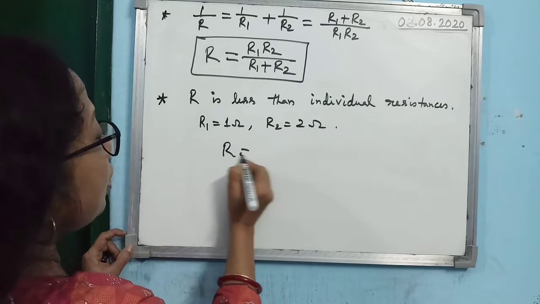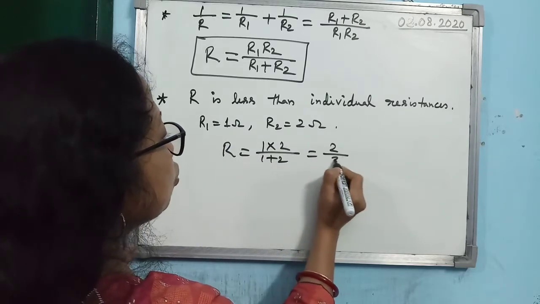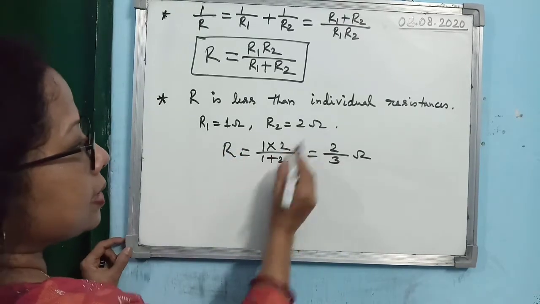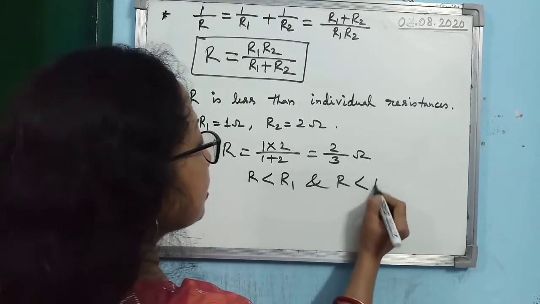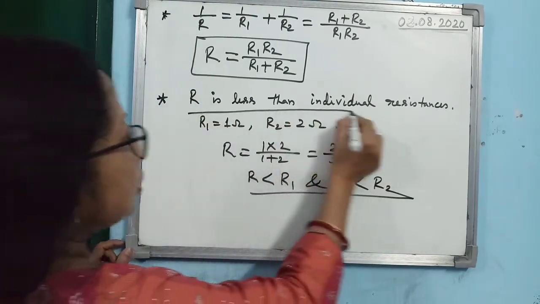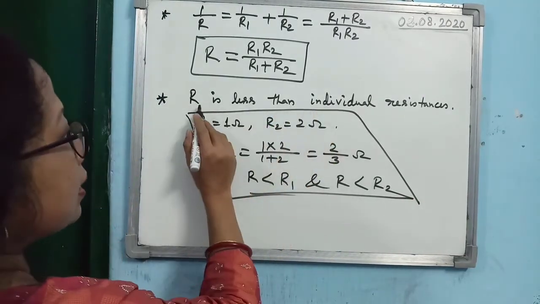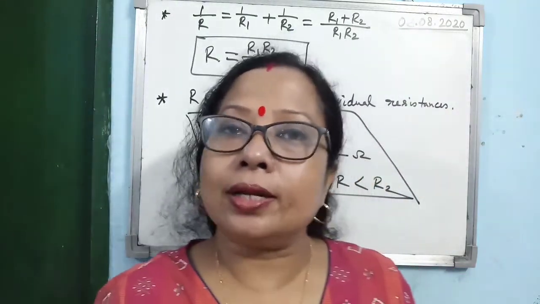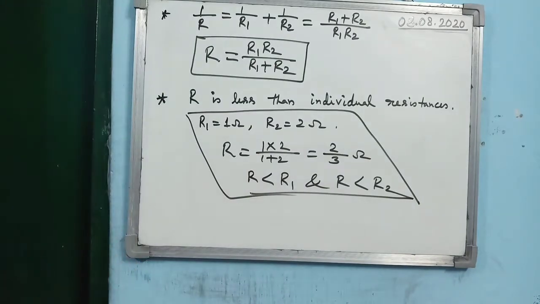Then R will be how much? 1 into 2 by 1 plus 2, which is 2 by 3 ohm. So 2 by 3 is less than 1 and 2 by 3 is less than 2, meaning R is less than R1 and R is less than R2 also. You don't have to remember this example, just remember the result that for parallel combination the equivalent resistance is always less than the individual resistances.